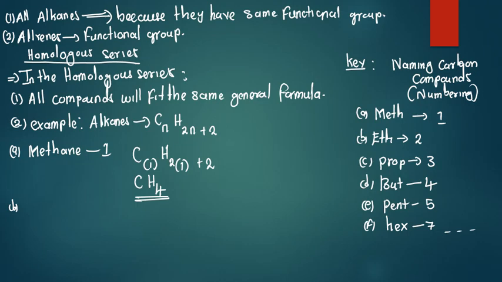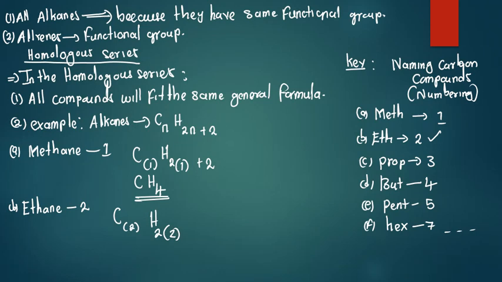How about if we have 2 carbon compounds? What compound are we going to have? 2 carbon compounds implies eth. So for ethane, don't worry, I'll teach you how to name these compounds. We have 2 carbon compounds. So this is going to be 2.